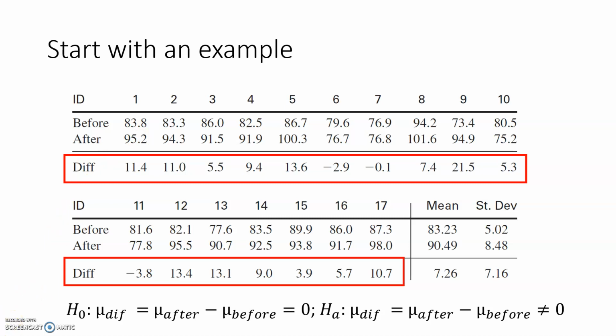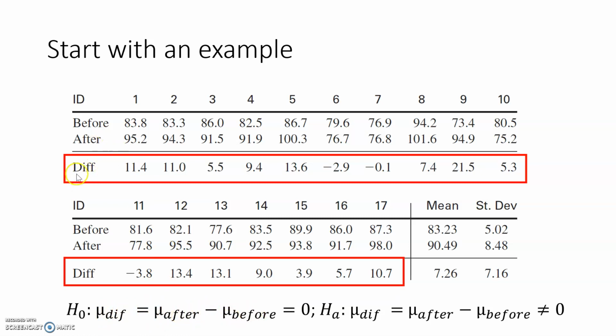So after we are clear regarding this point, we can set up our null hypothesis and also the alternative hypothesis for this new data set we just created. So our null hypothesis is this mu difference, which equals mu after minus mu before.